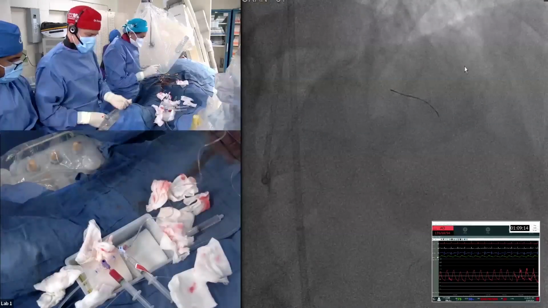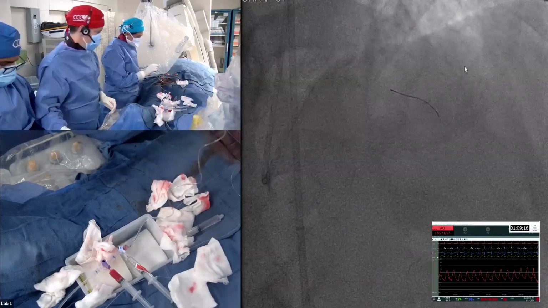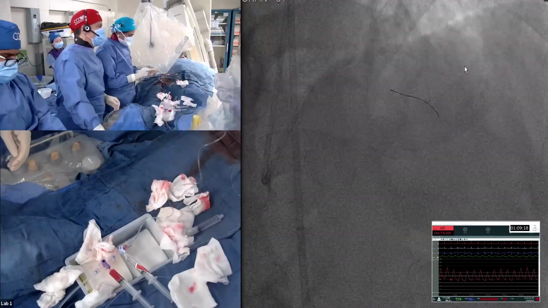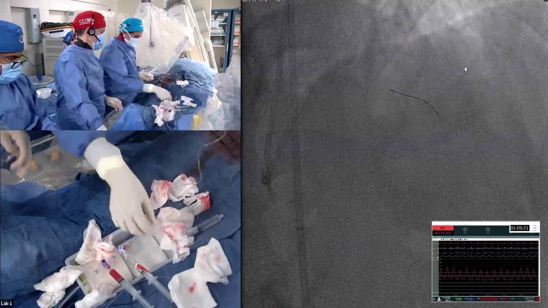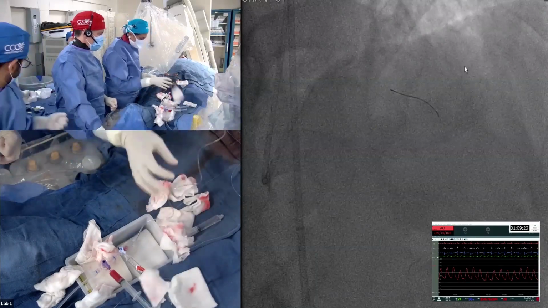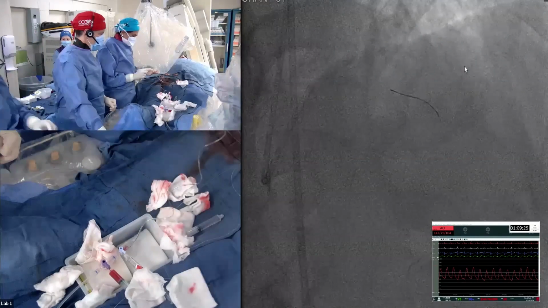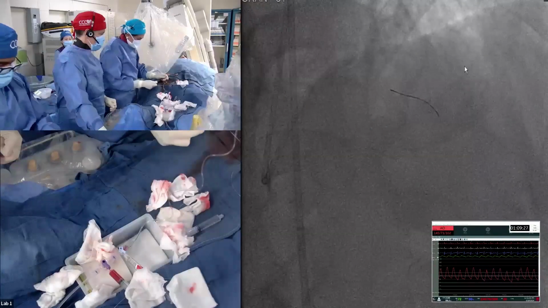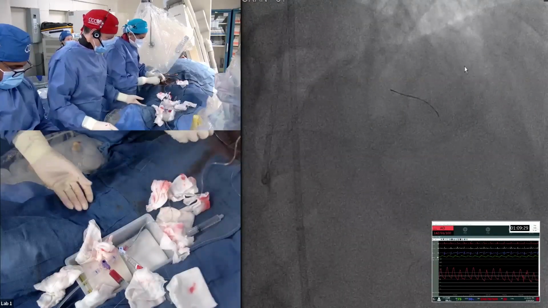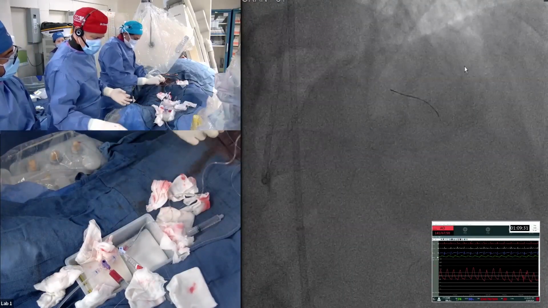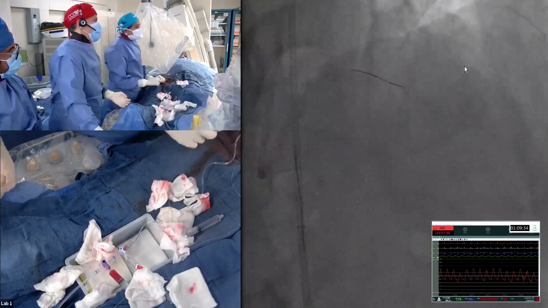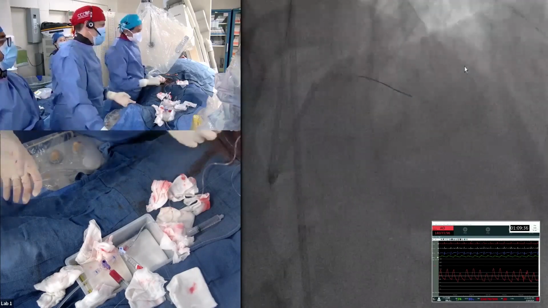I guess. Yeah, and one of the things I've seen in our lab with Dr. Sharma and Keeney is they sometimes use the trapper depending, but sometimes they just leave the wire there and come right next to it with another wire, a workhorse. So what are you doing in this case, Dr. Keeney? No, I'm going to wire the LAD now and then the diag.